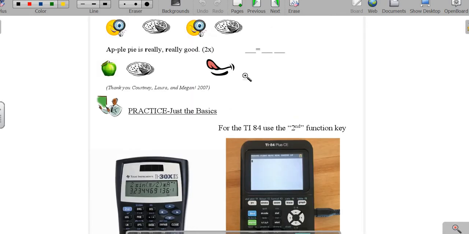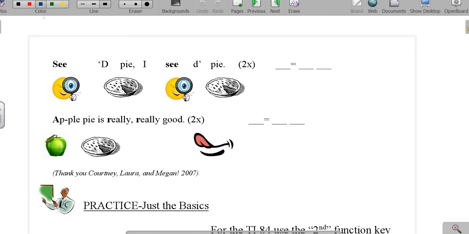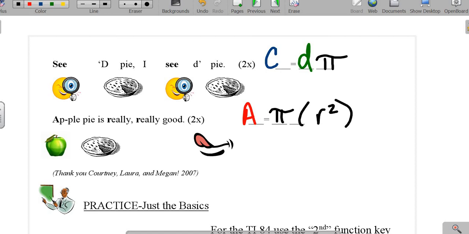It's very important you don't mix these two up. So I'd like you to write these two equations. Circumference equals diameter pi, d pi, and area equals pi parentheses r squared.